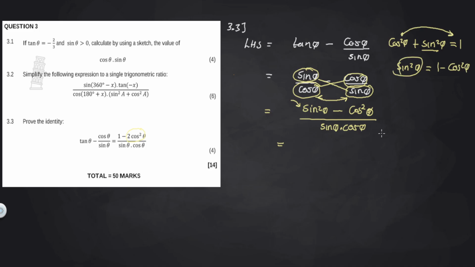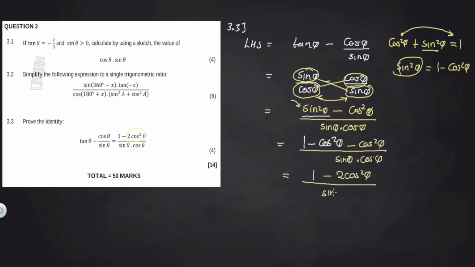So that sine squared is the subject of the formula. So I'm gonna say 1 minus cos squared theta, minus cos squared theta, everything divided by sine theta multiplied by cos theta. Then it's 1 minus 2 cos squared theta divided by sine theta cos theta. This is the final answer.